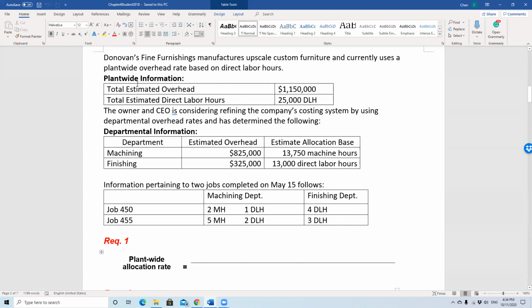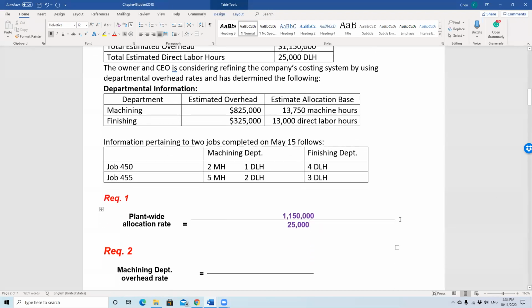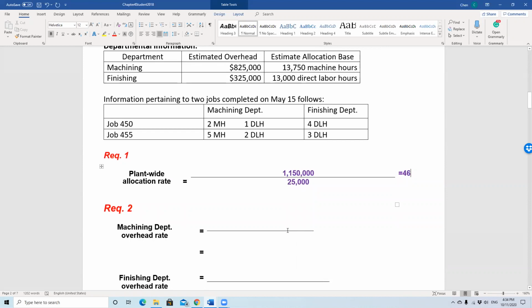We know that this is plant-wide information, and we use the total estimated overhead, which is 1,150,000, divided by 25,000, and the answer is 46. This 46 is our plant-wide allocation rate.